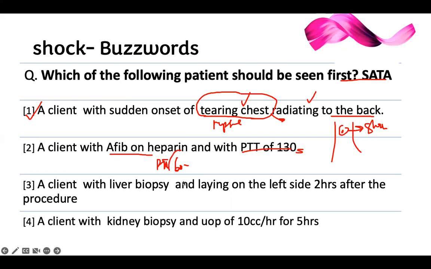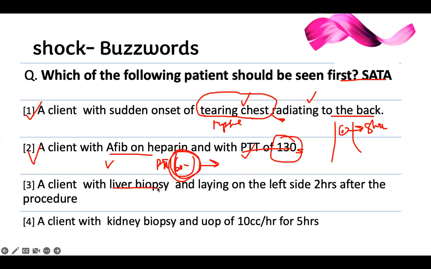So definitely this shouldn't go past a certain number. So 130 is too high. Therefore, you have to watch for bleeding. This is the bleeding episode right there. You have to stop the heparin, check another PTT later on, and watch for bleeding. So this patient needs to be seen. It's not good.